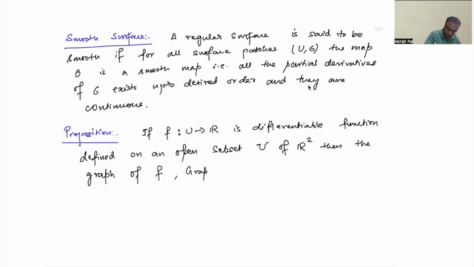The graph of f is defined to be (x, y, f(x,y)), where (x, y) is varying in U. So this graph of f is a regular surface.